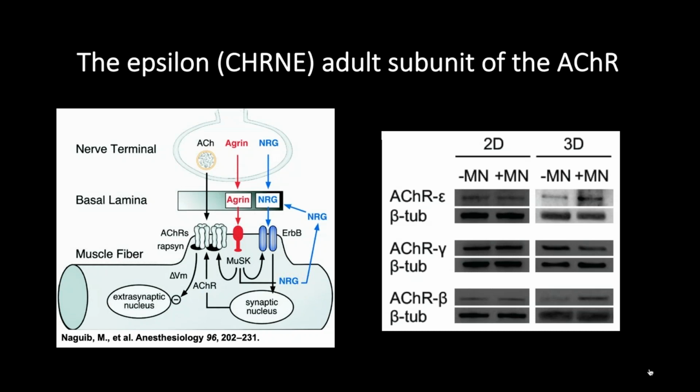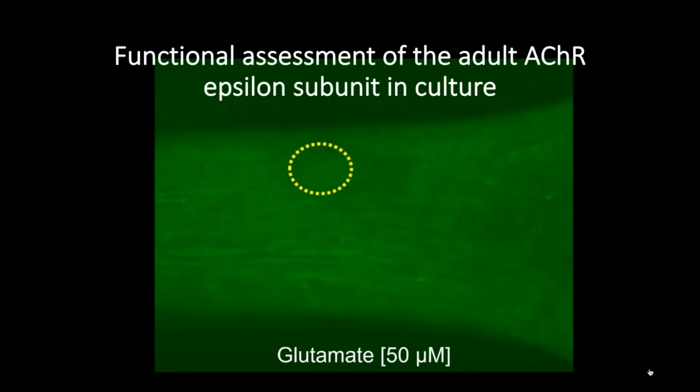Hopefully you can appreciate that in both 2D and 3D cultures, we do see expression of the epsilon subunit at the protein level, but it's only in the context of our 3D neuromuscular co-cultures where we see a stabilization of the protein, which then results in an increase in the protein that's available or being expressed in these co-cultures, which does not occur in our 2D co-cultures.